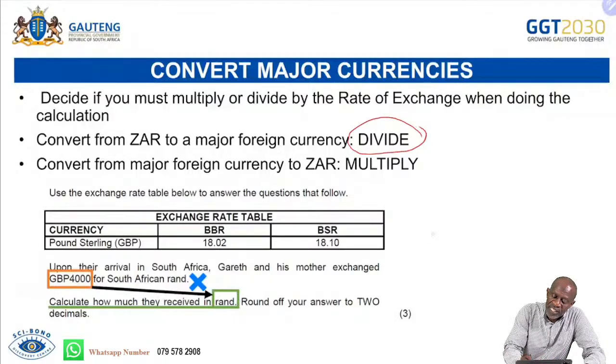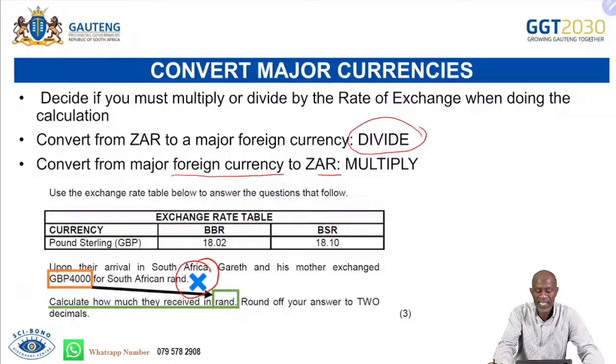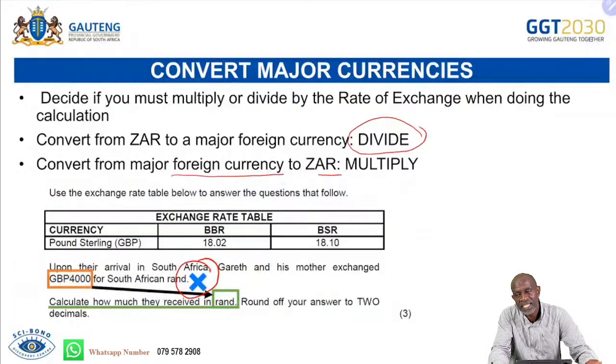So the first step, we have determined that because we are converting foreign currency, which is Great British Pound, to South African rand, we are going to multiply as indicated here. So we are changing a foreign currency into the South African rand. So the rule says we must multiply.